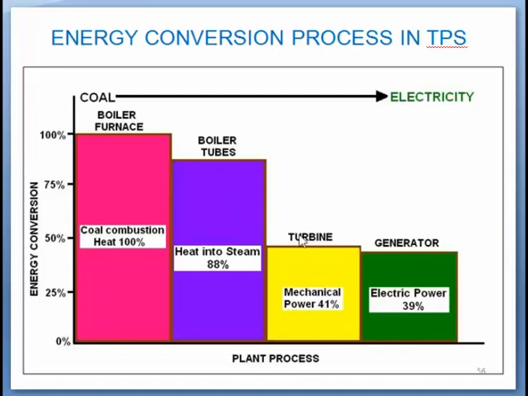And then the individual equipment efficiency also comes into the picture, and these efficiencies are multiplicative in nature. So finally we are getting the overall efficiency as somewhere 35 to 39, 40%, like that.